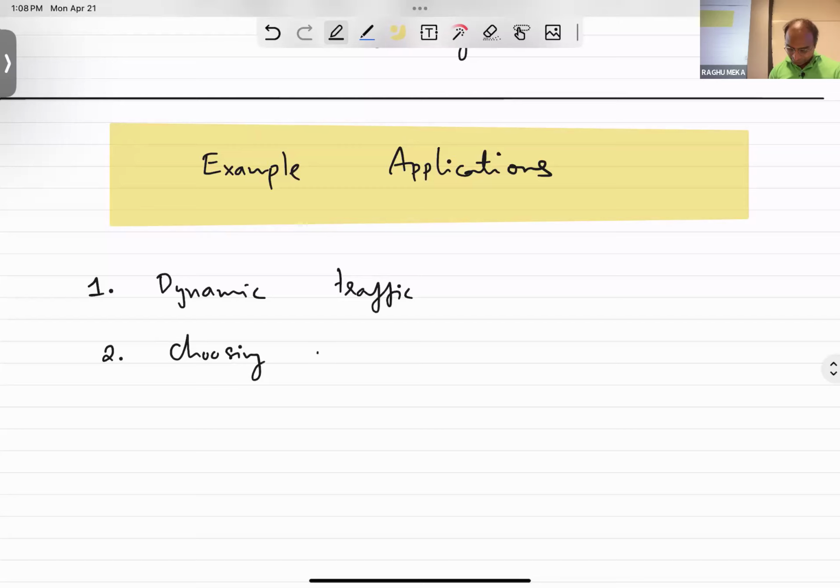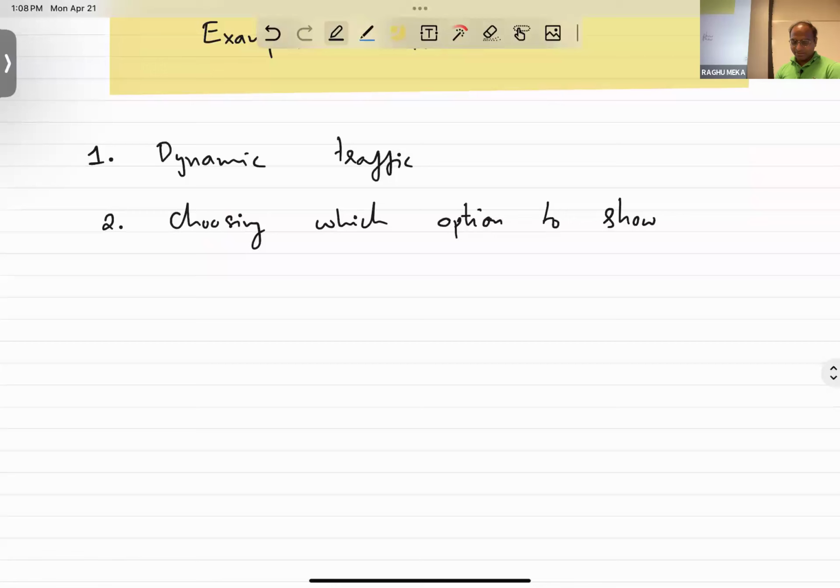Choosing which option to show. Okay. In the same vein, in fact, a much bigger scale problem, both economically and infrastructurally, of the same thing is for online apps. Okay. And let me put this in parentheses and say, one of the biggest thing is online ad display.